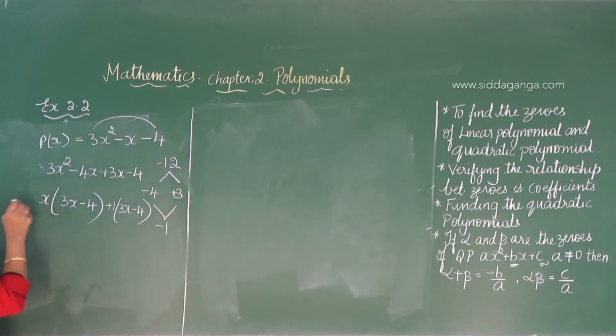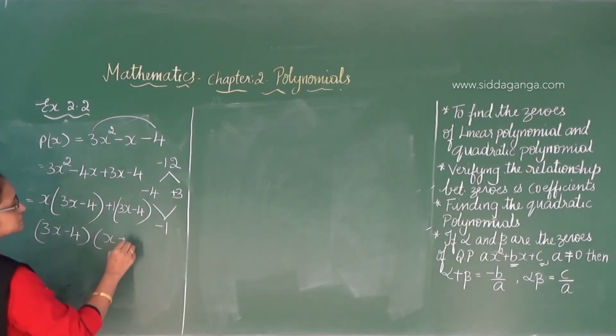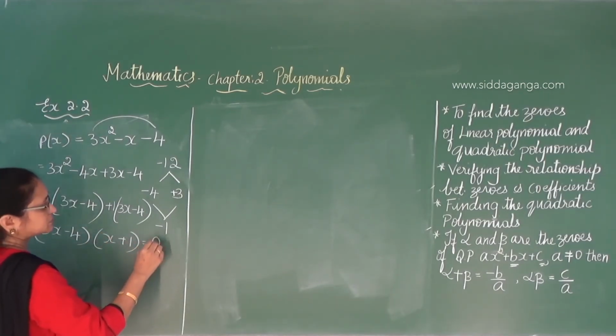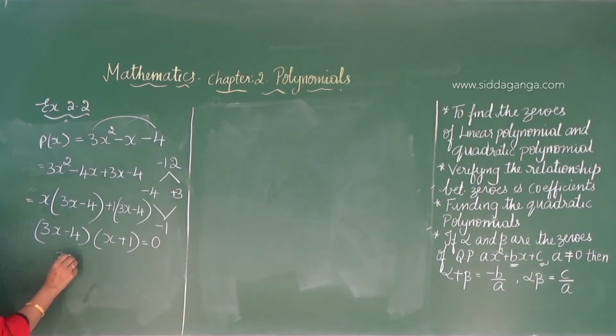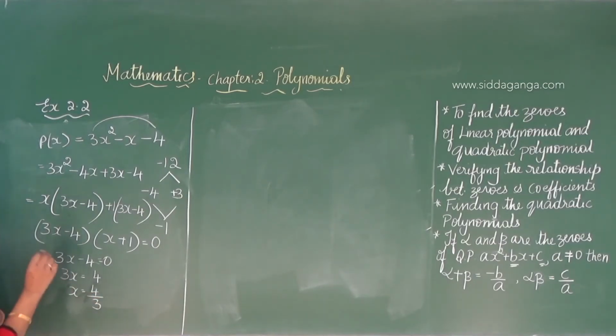Now to get 0, what you have to do? 3x minus 4 into x plus 1 is equal to 0. Now 3x minus 4 is equal to 0, so 3x is equal to 4, by transposing 4, x is equal to 4 by 3.